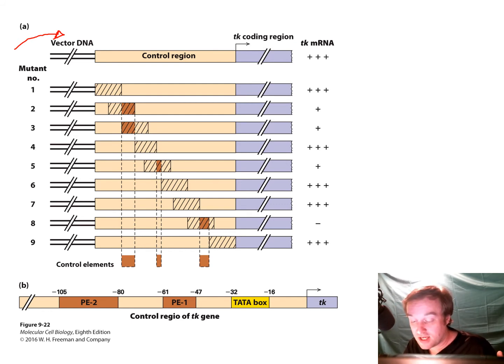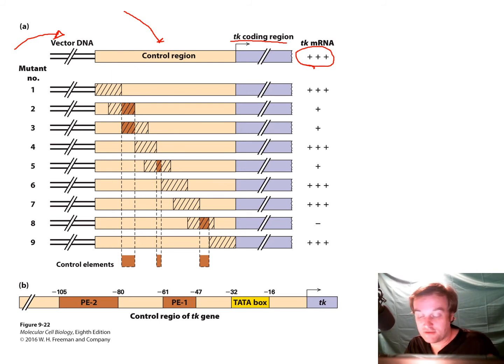In this case, we have a marker gene, this TK gene. Here is our control vector, with our normal promoter and our normal TK gene, and we can measure the amount of expression of this TK gene under normal conditions.